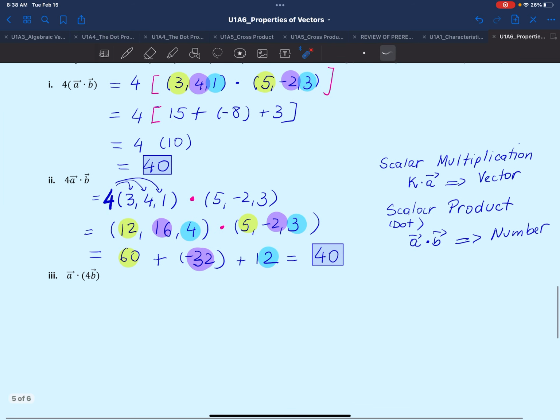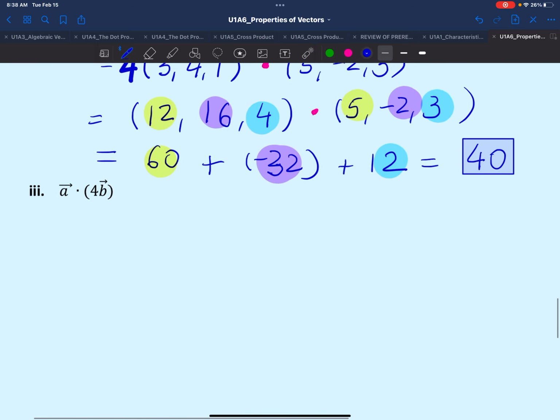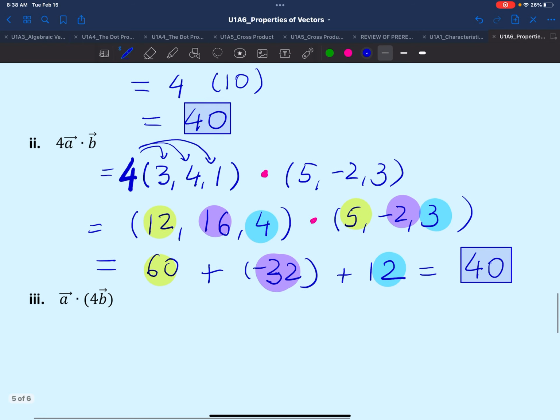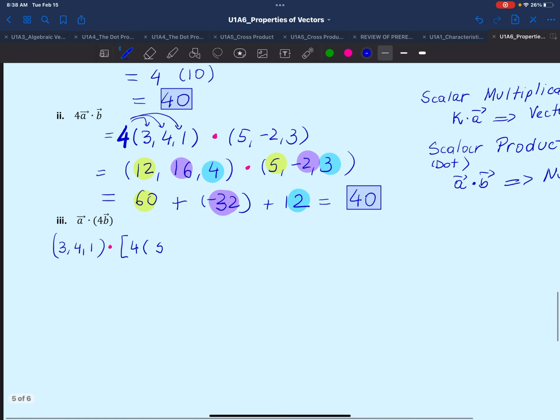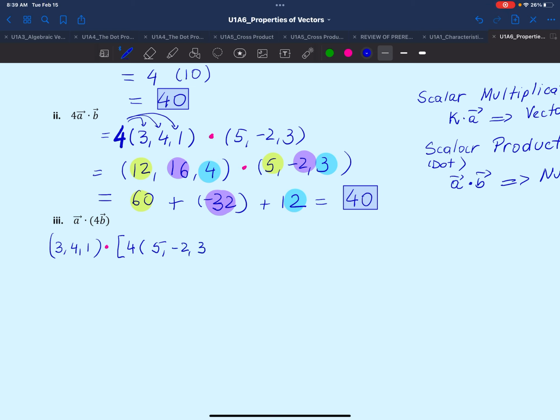Now, in the next question, we'll multiply vector A with a scalar multiple 4B. So that means that we start off with vector A with coordinates 3, 4, 1, and we'll dot product it with 4 vector B. And vector B is 5, negative 2, 3. That's vector B, right? So we have 3, 4, 1, dot.